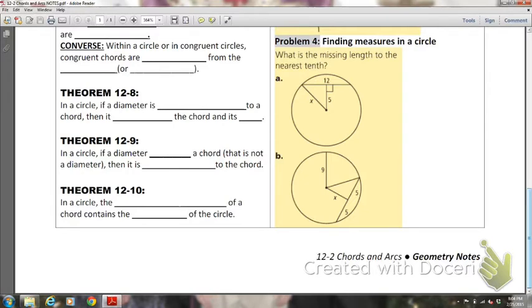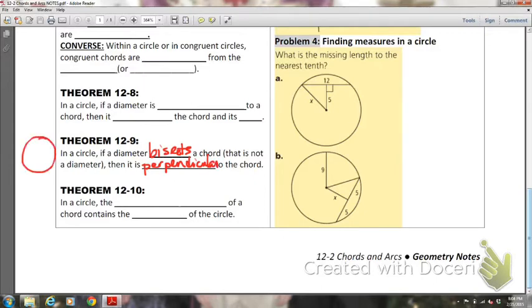In the next theorem, it says in a circle, if a diameter bisects a chord that's not a diameter, then it is perpendicular to the chord.